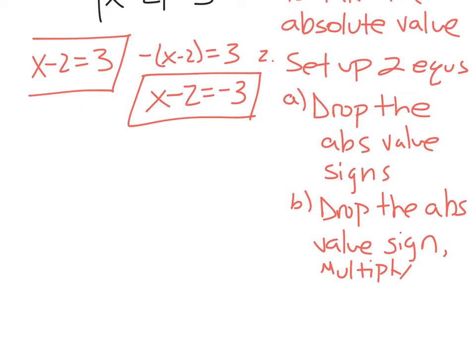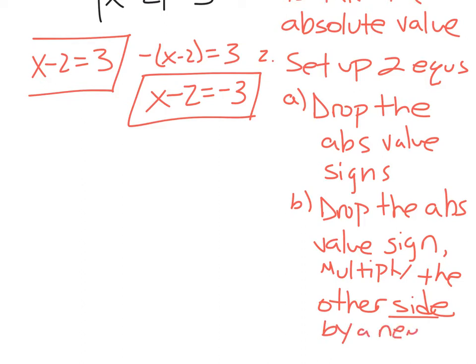I'm not done with this one yet. Multiply the other side being important again by a negative. Yeah, so one of them is just like the equation that's just sitting there, okay? The other one you want to take that, and it's for this reason right here. Because if we plug the negative of this in, we should still get a positive 3. But it's easier just to set it up so that's negative. So is that okay with everyone?